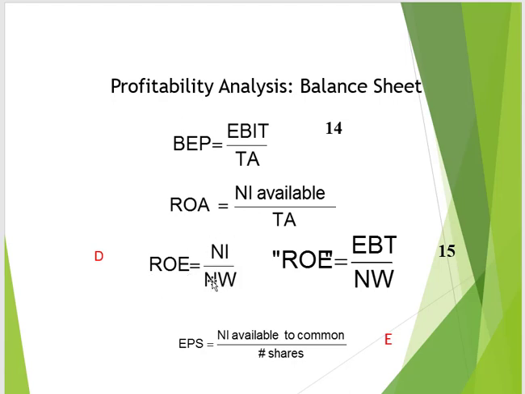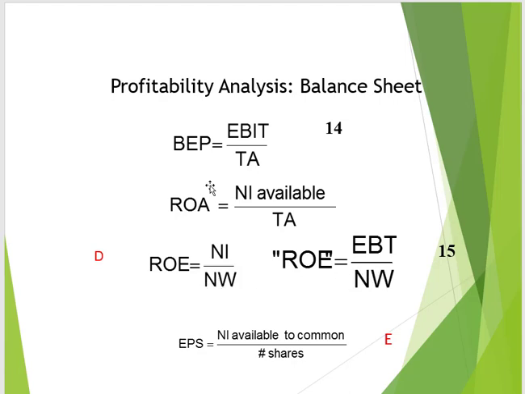When we look at return on equity, it's the return that goes to shareholders. Again, we have net income divided by net worth. This is the profit as a percentage of investor investment or shareholder investment. We also do the EBT. Notice I have the ROE in quotes here. And that's just because for some companies, we don't incorporate taxes, since most larger corporations have the same marginal tax bracket.